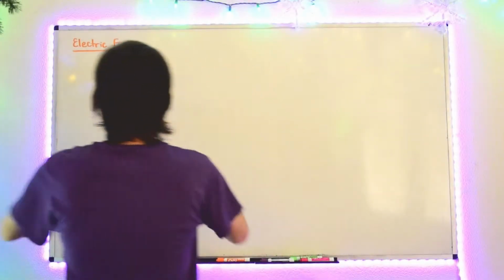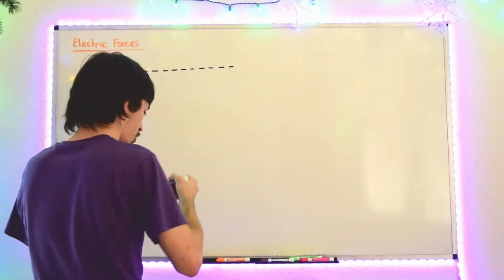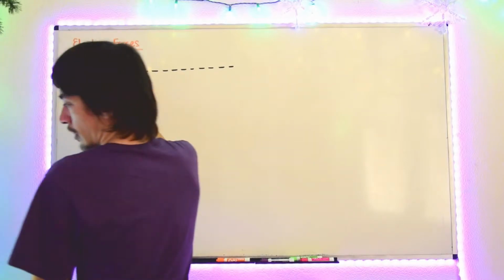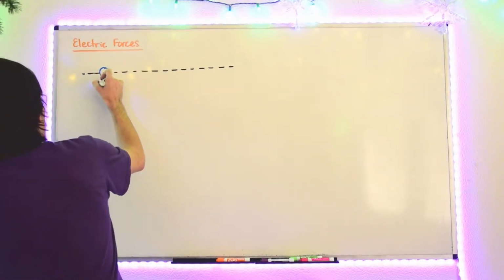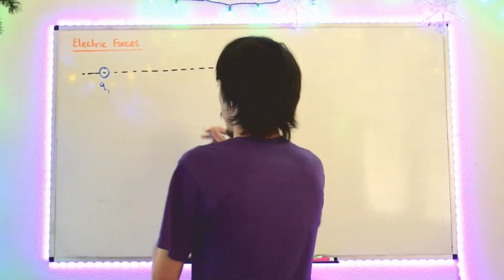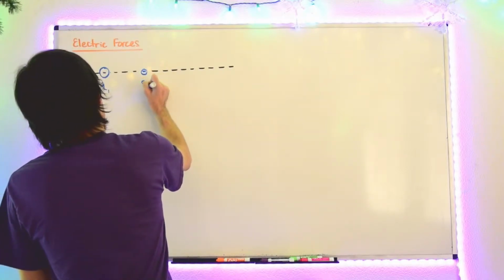So let's quickly sketch this out. We have this line that connects our charges together very conveniently. We have this larger charge, let's say here, this was a charge called Q1, and a smaller charge here, call it Q2.